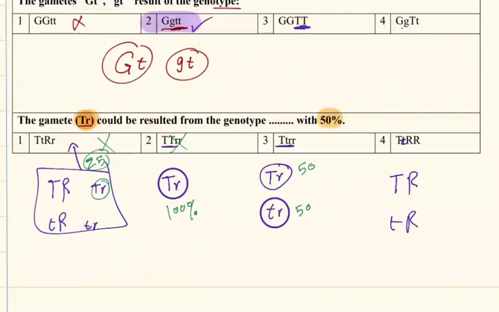So this is the correct answer because it exists. This gamete can result from this genotype with 50%. This one, no, it doesn't exist at all in this genotype, so not correct. This is the only correct answer, which is number 3. And this is how we deal with these questions.